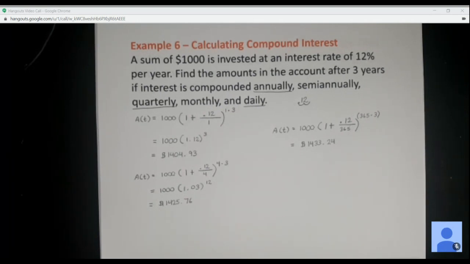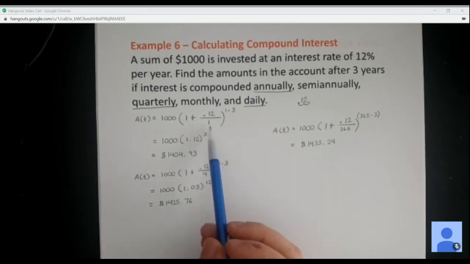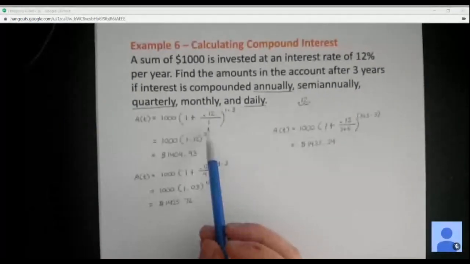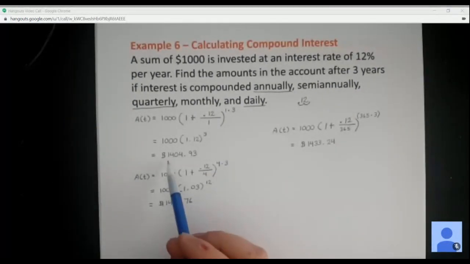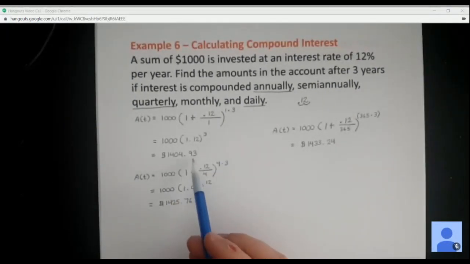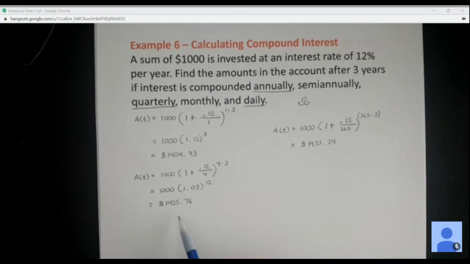Now, let's look at these values that we ended up getting here and just think about what's happening. So when we did this annually, meaning we were compounding our interest one time per year, we ended up with a value of $1,404.93. Now, once we went to quarterly, what happened to our value? It increased, right?